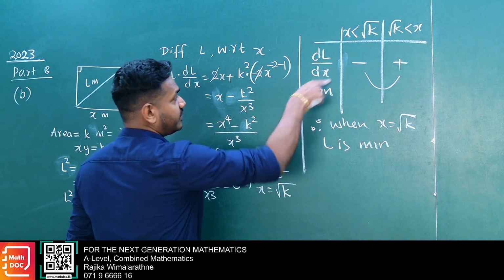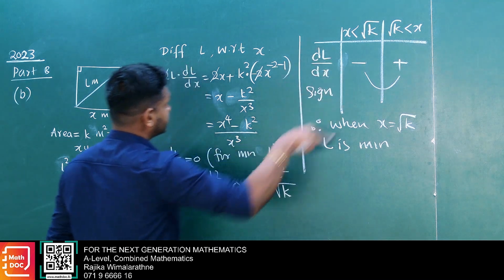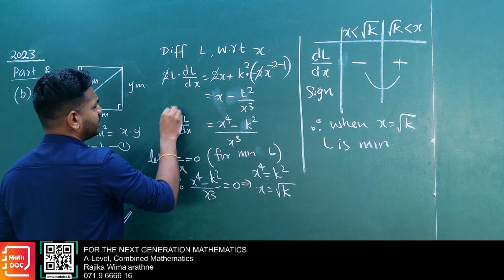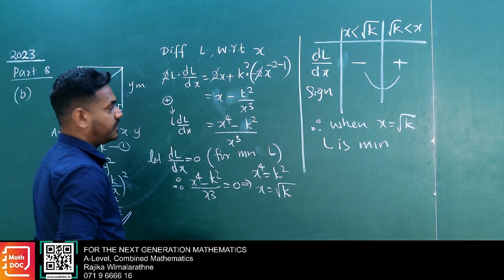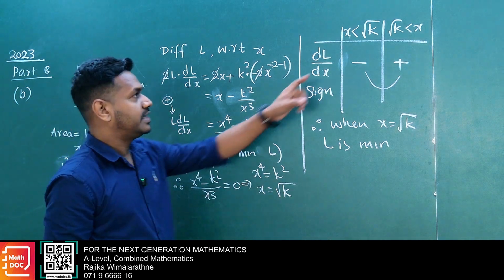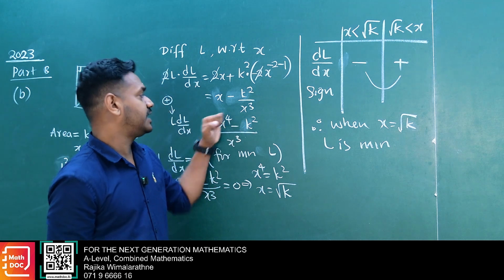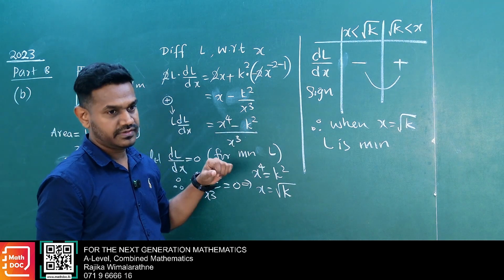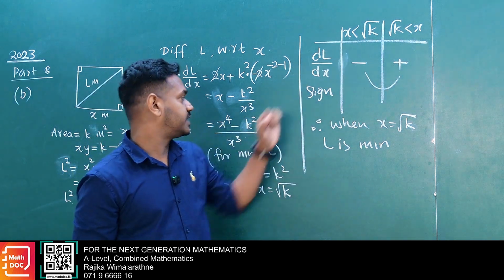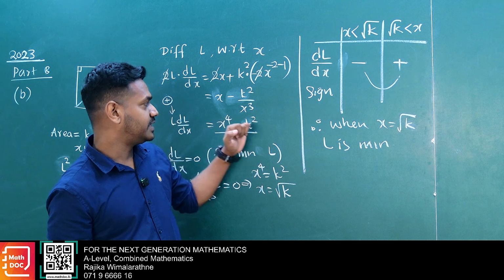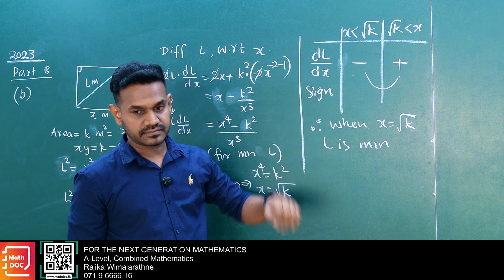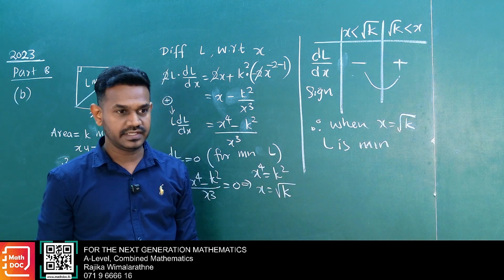Then check the sign of dL divided by dx: L means length, so it is positive, and we don't worry about that factor. When x is greater than root k, this part is greater than k squared, so it is positive. When x is less than root k, this part is smaller than k squared, therefore it is negative. Negative to positive variation means minimum. That's how we analyze.